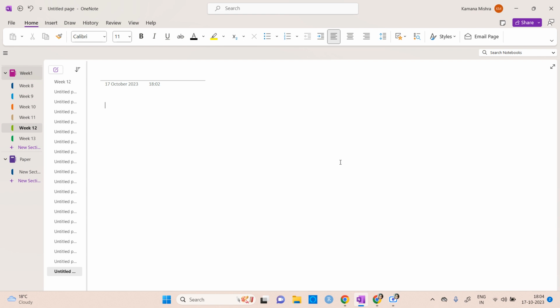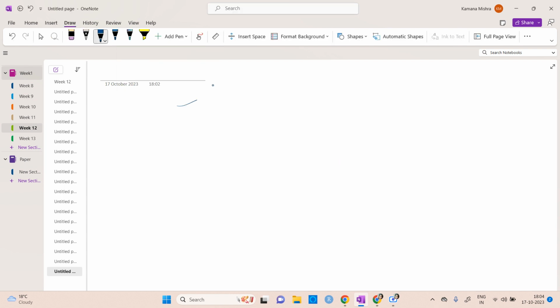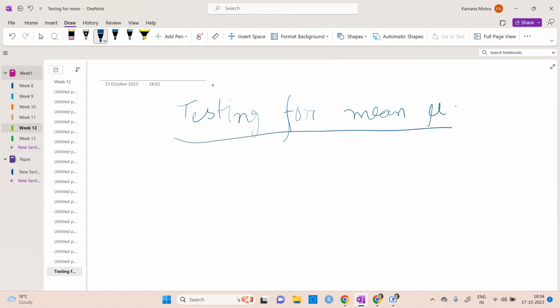Okay, so now there can be testing for, let's say, the mean mu. What we are doing here is, let's say we have a population which is normally distributed with mean mu and variance sigma square.